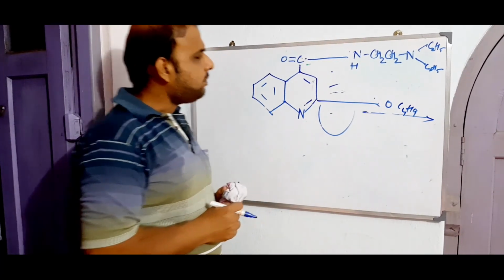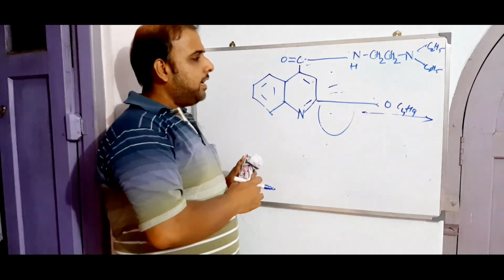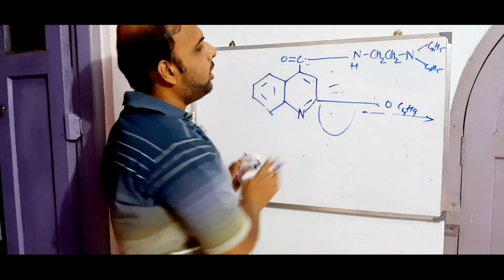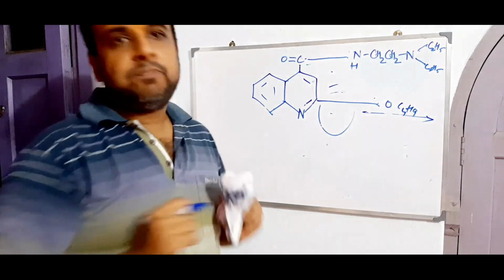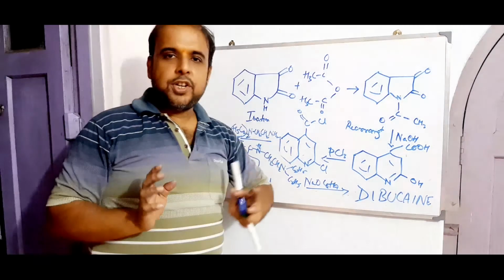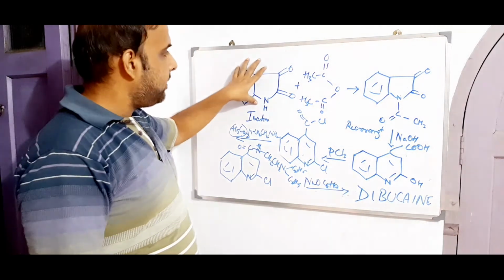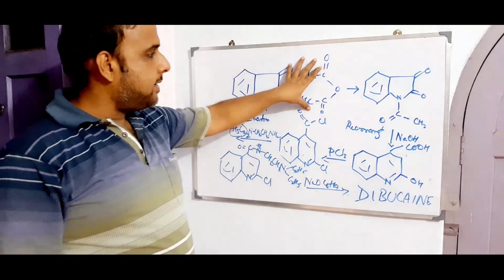So this is all about the making of this butoxide. Now, as a whole, let's brush it up. We started our process with isatin. It reacts with acetic anhydride.